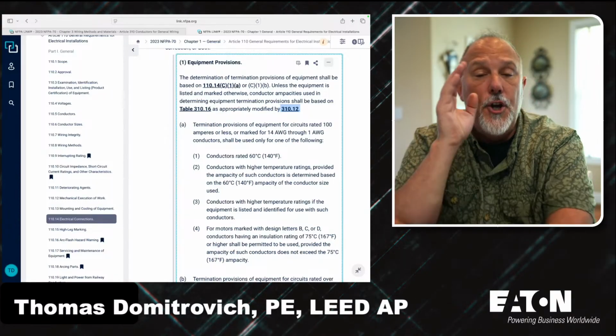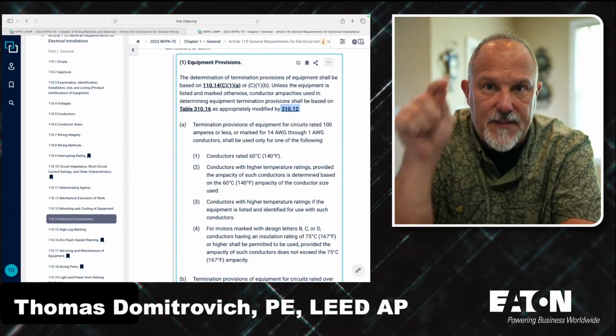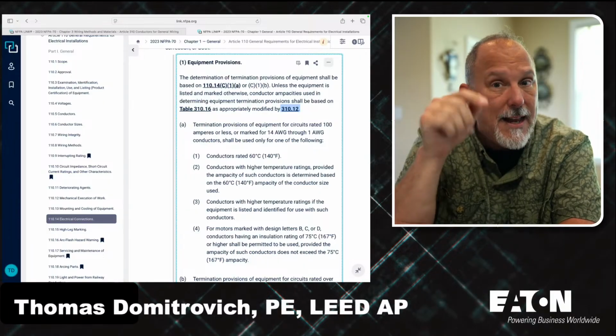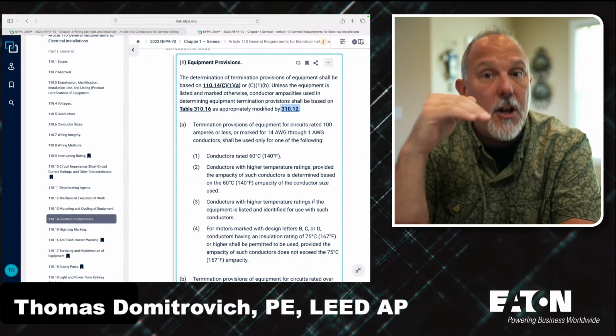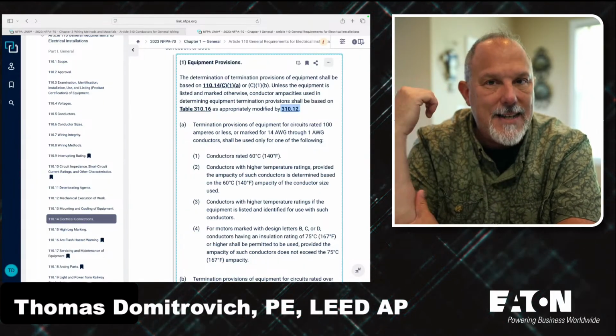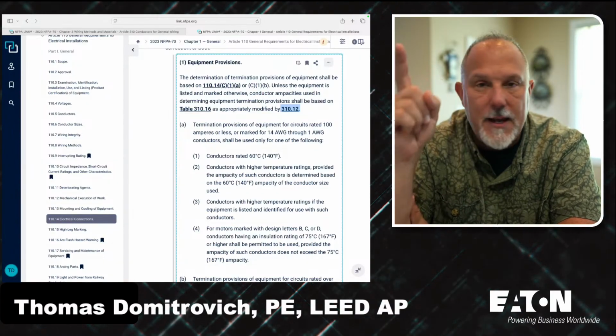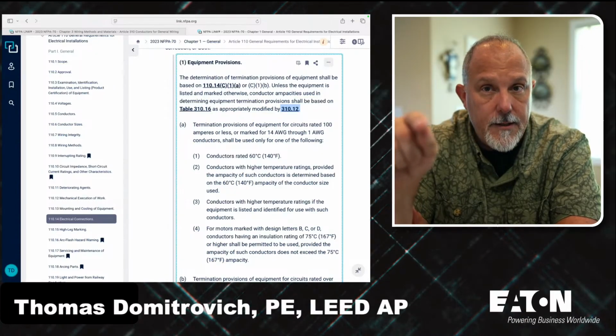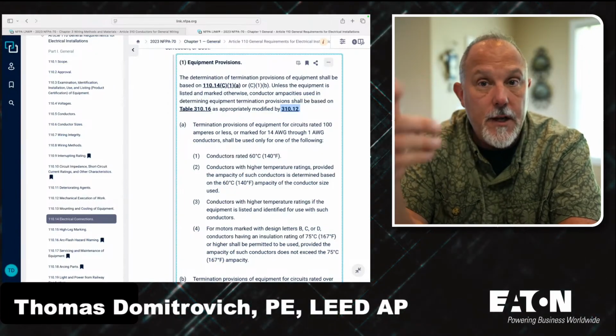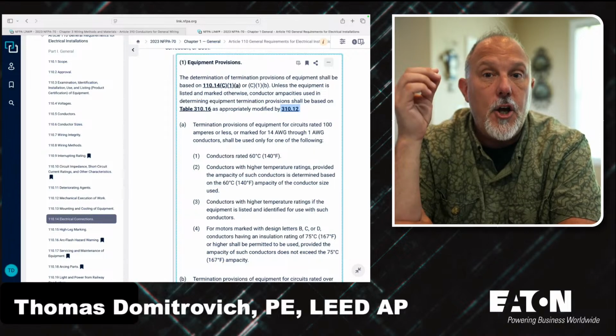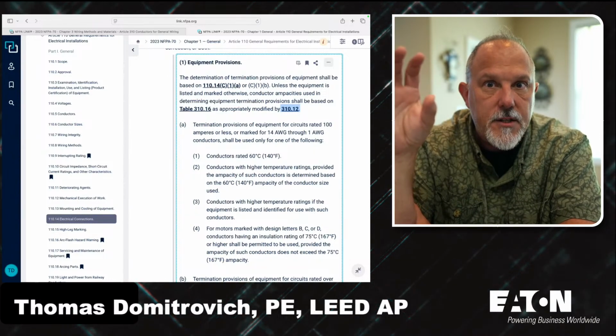So it's telling you, you don't have to protect it at that value. In the 75 degree C column, you can actually put a larger overcurrent device than what's in the table for that termination. And what gives you that permission is only what's in 310.12, and to Willie's point, only if you meet the requirements of the parent text.